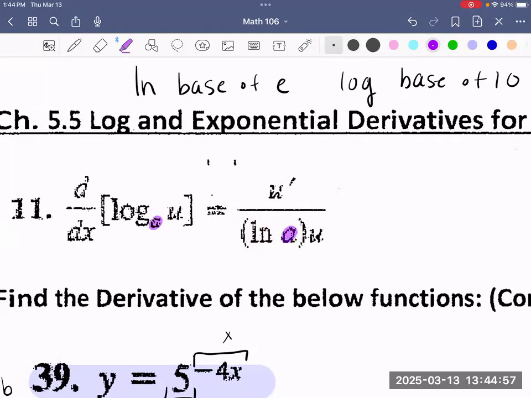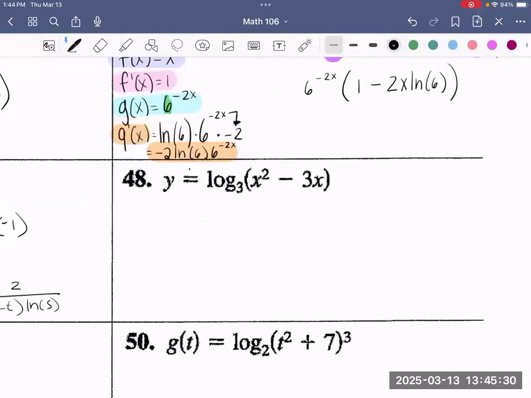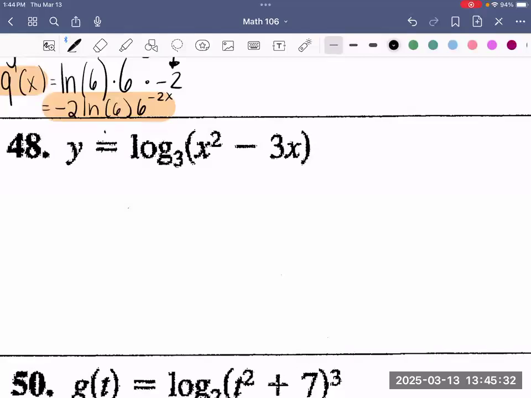So again, we do 1 over the ln of a, that is the aspect from your natural log or your logarithmic derivative, times the value of itself, and then your derivative of the inside function. So derive the inside. So let's put that all together here on something like this one. First, we have 1 over the ln of your base.